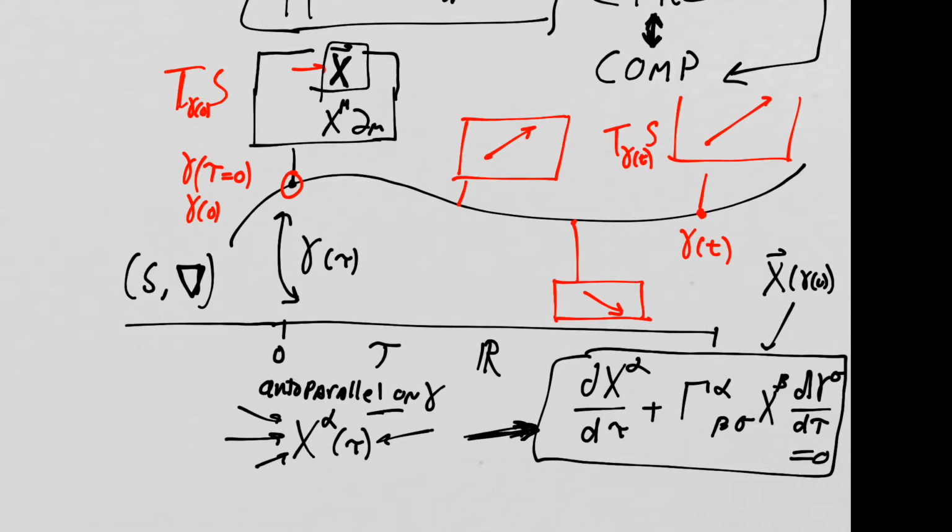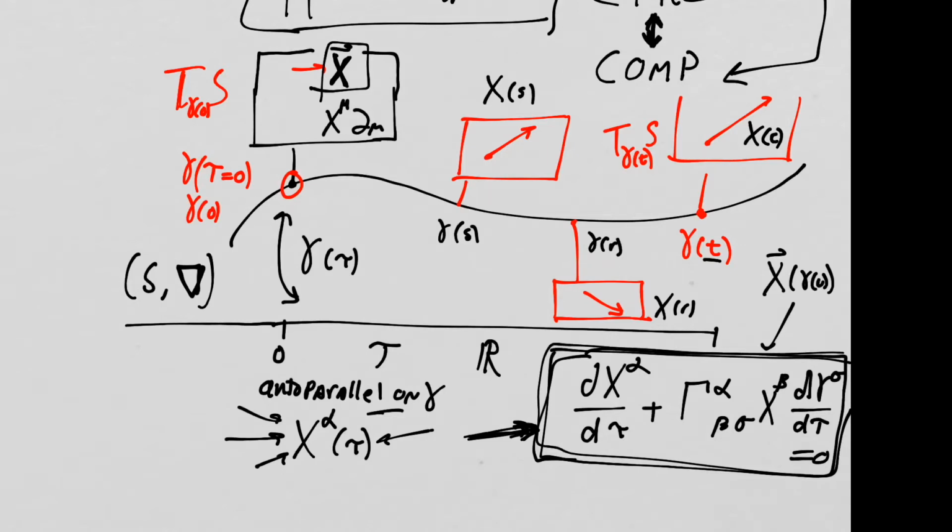And therefore, this will now be x of t. Why don't I call this one x of s, if that's γ of s, and then this is γ of r, so this would be x of r, and then this would finally be x of t. And that would be an autoparallel field. And of course, we have to use the component notation to develop the differential equation to actually do the solution.